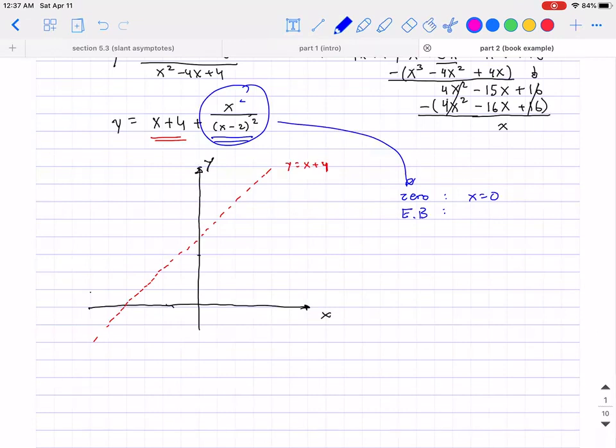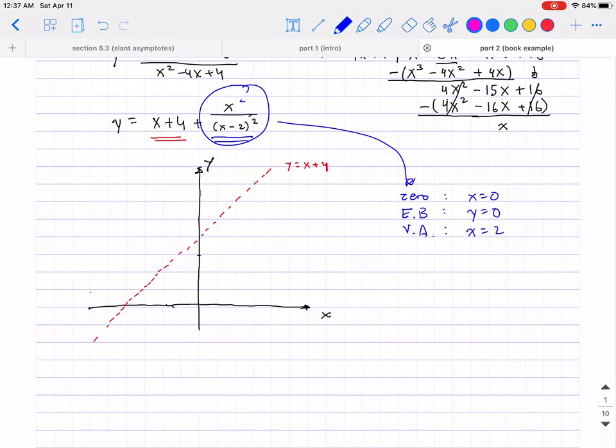Because the denominator is a polynomial of larger degree than the numerator, the bottom is going to get to infinity a lot faster than the top, and hence the graph y is equal to 0, meaning the x-axis, is going to be its end behavior. And then we also have a vertical asymptote located at x equals 2.